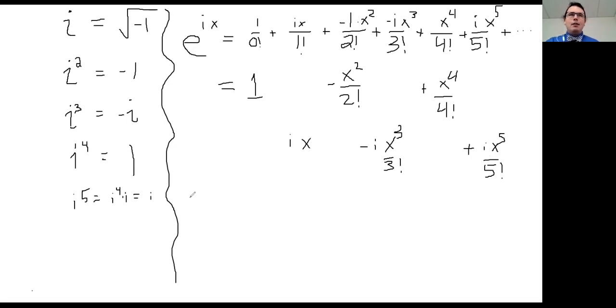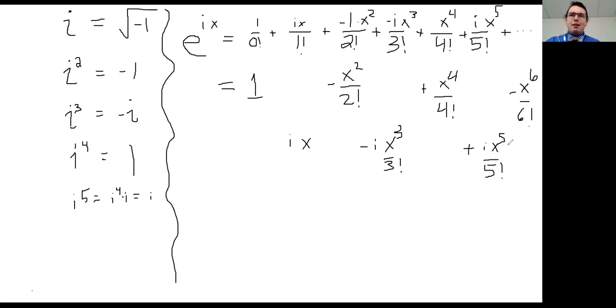Well, this first row should look familiar. If the pattern continues, the next one of these fractions should be minus x to the 6th over 6 factorial. And this seems to be spelling out the Maclaurin series for the cosine function.